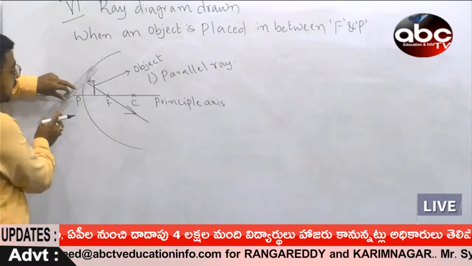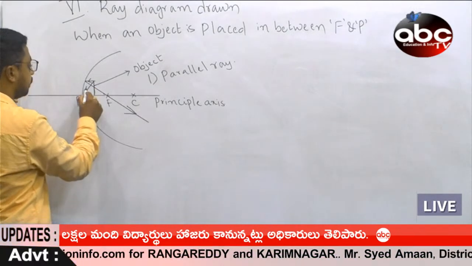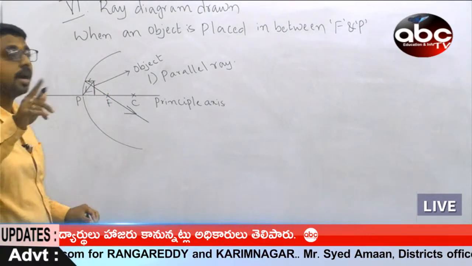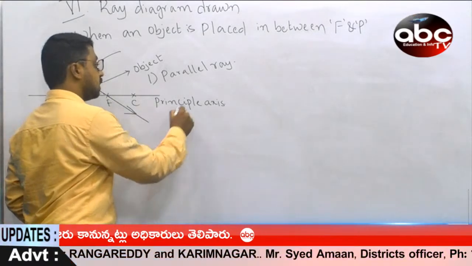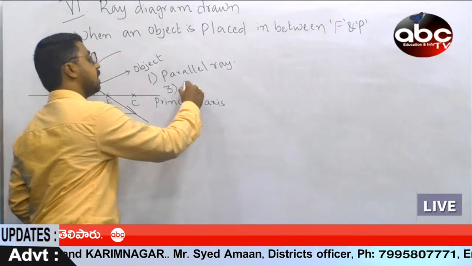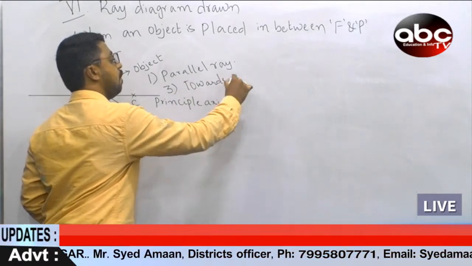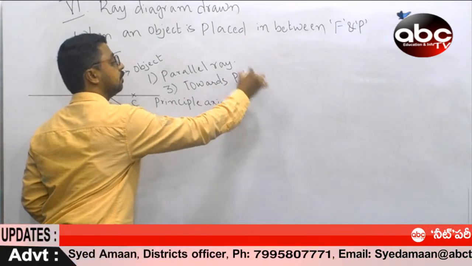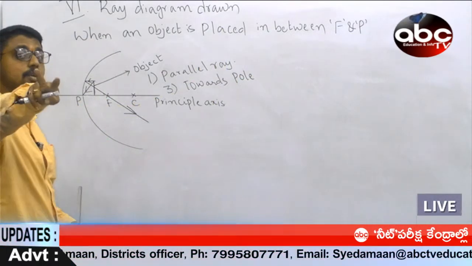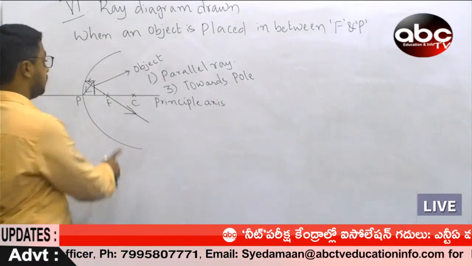And second, I am going to take a ray towards the pole. That is the third type of ray which we observe, a ray towards the pole. So these are the two. I ignored the second and fourth. These two rays are considered here.